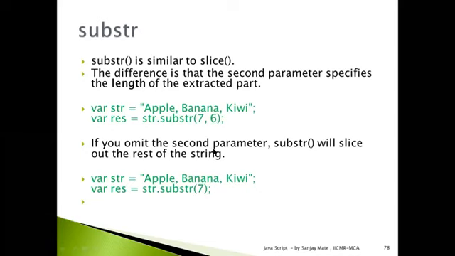If you omit the second parameter, now I am omitting this particular 6, substr will slice out the rest of the string. You will get the whole string, that is from B to kiwi. So in this case, with the 7, you will get banana and kiwi both.